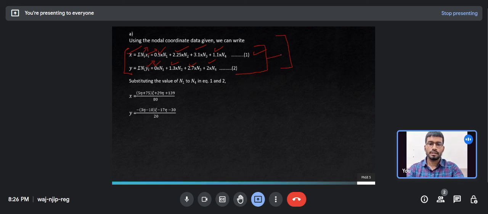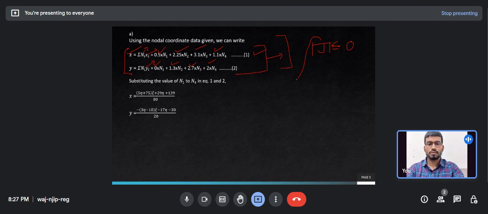Then in the second part, it is asked to see whether this mapping as a parametric mapping is valid for this element or not. For that, we have to determine the Jacobian matrix, right? And this determinant of Jacobian matrix should not be zero within the element, or should not be negative within the element, for the isoparametric mapping to be valid within the element, right?